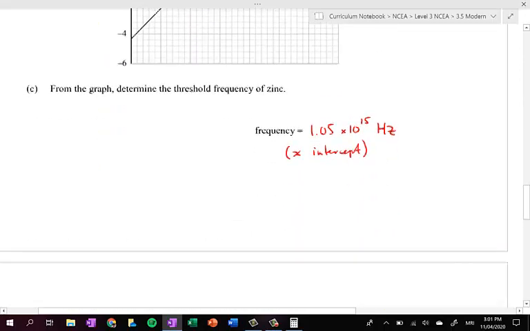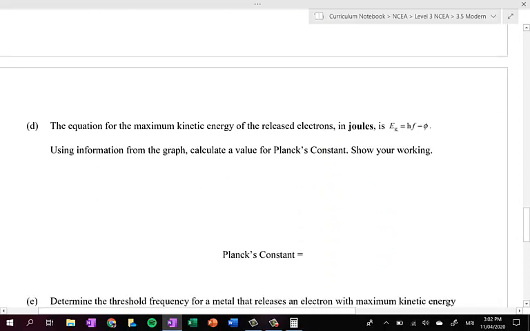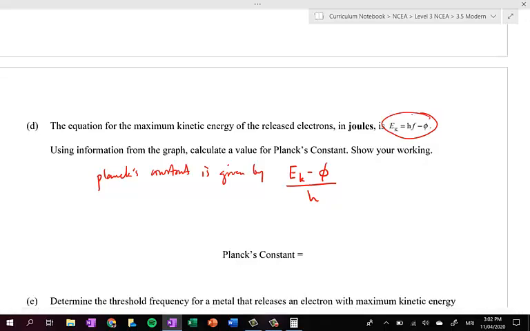So we can say that Planck's constant is given by Ek minus phi over h. Right, that's just rearranging this equation. And then we can just determine what Ek and phi are in electron volts and convert those to joules and then divide by h. Sorry, not h. By f. Right, that should be equal to h.